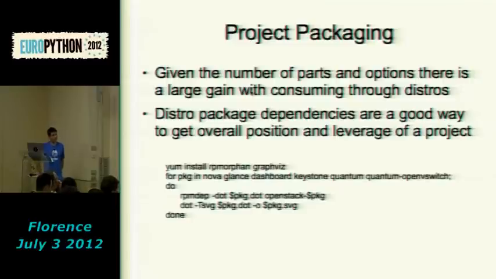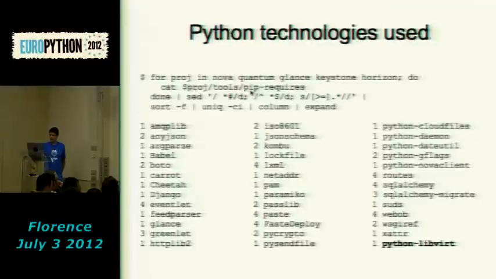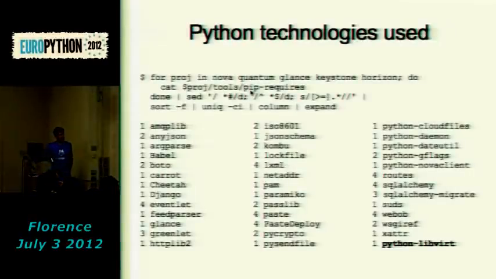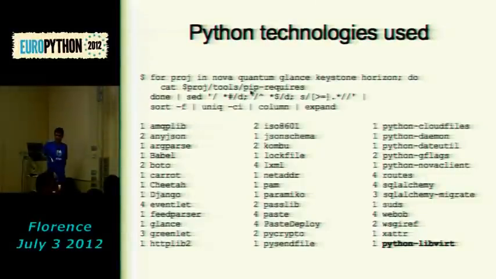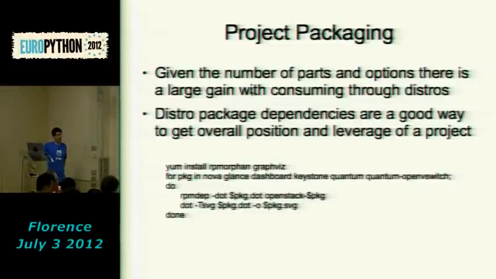Pip has issues installing certain packages, like Python libvirt, which I've highlighted there. That's not actually part of the pip-requires because it's a compiled package. So it's a little bit awkward to install that into a virtualenv and stuff like that. So all those sort of details are handled by your distro packaging.